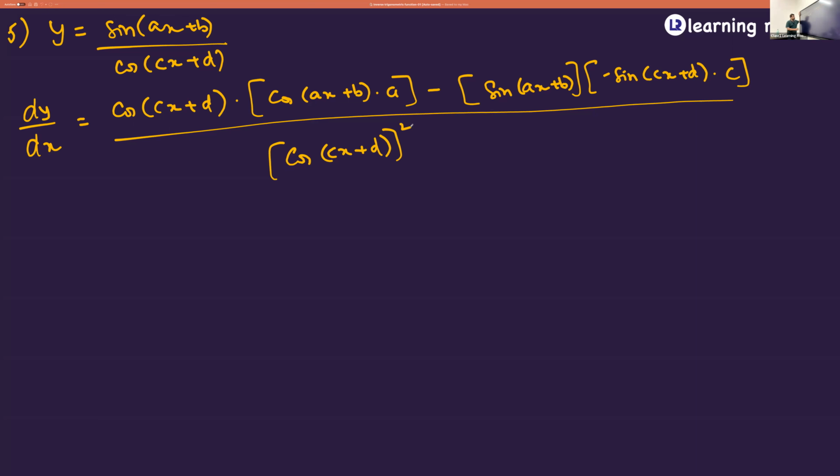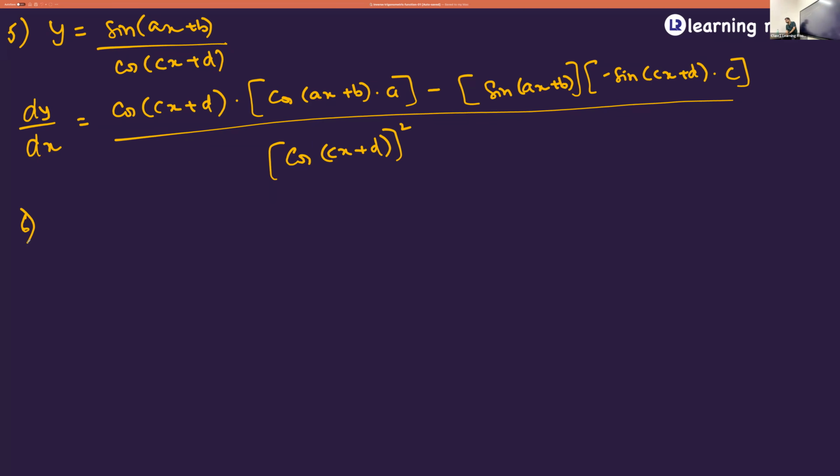Instead you can leave it like this. The only difference is you can take the minus sign outside and put it as plus. When it comes to calculus, you will find different answers in the textbook. They can either simplify and put it, or they can leave it like this. Depends. So everything is right only.